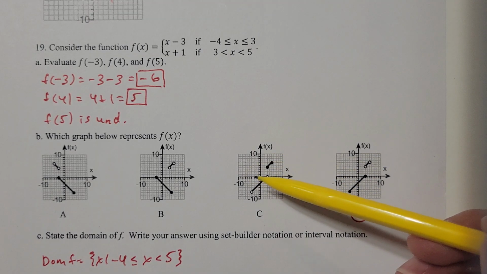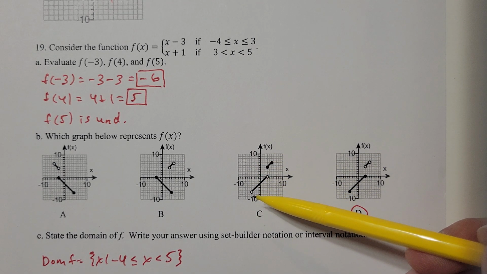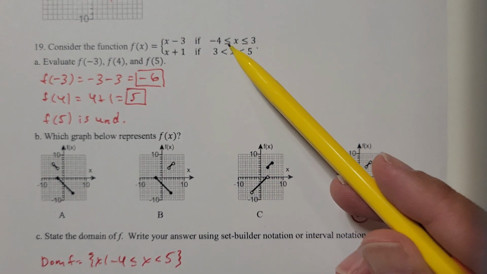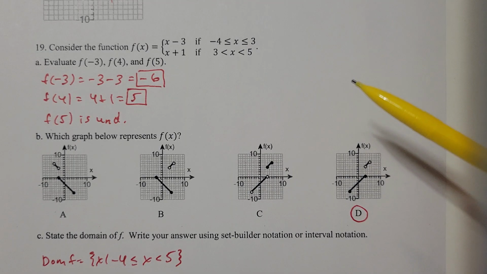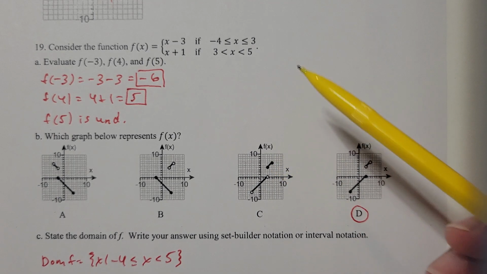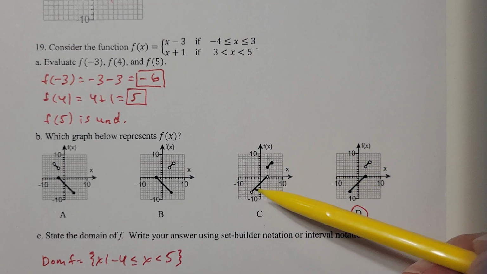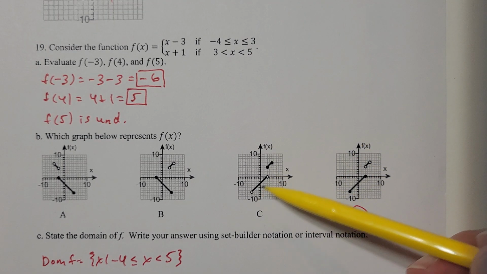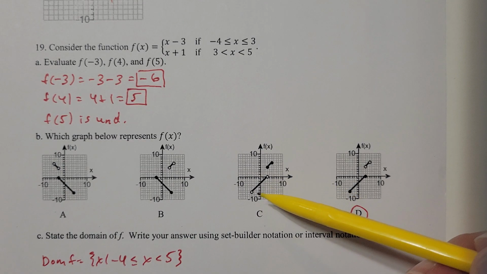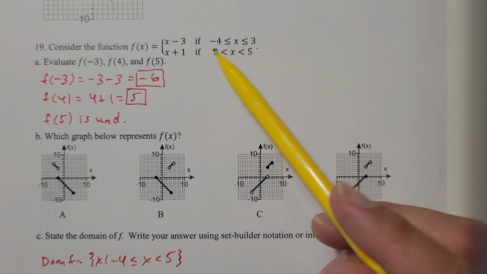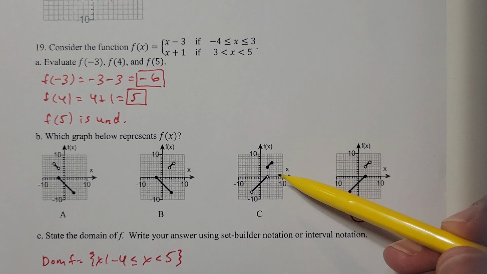Now here is (-4, -7). That point has an open circle on it. Again, whenever you're including the number, you have a closed circle. Because I'm including -4 and I'm including 3, I need closed circles on both ends here. These are open circles. If x is 3, 3 minus 3 is 0, right?